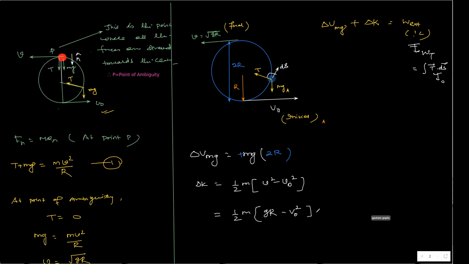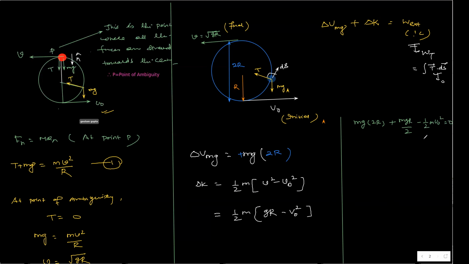So this is your delta K, and the right hand side is 0. So let us just apply that in this equation. So if you apply, then what will you get? You will get mg into 2r plus mgr by 2 minus half m v naught square is equal to 0, right?